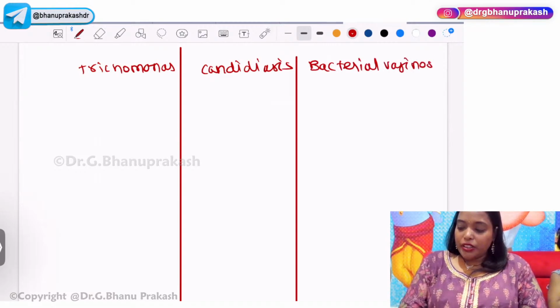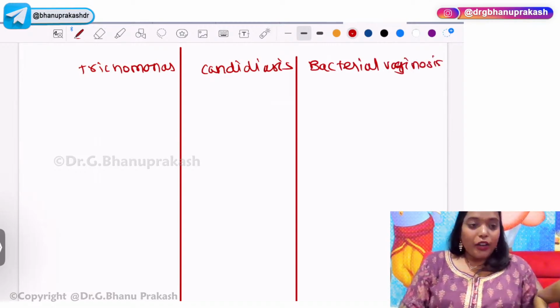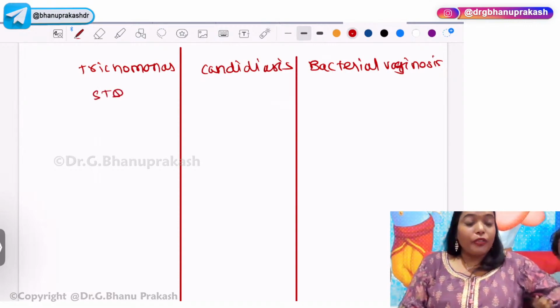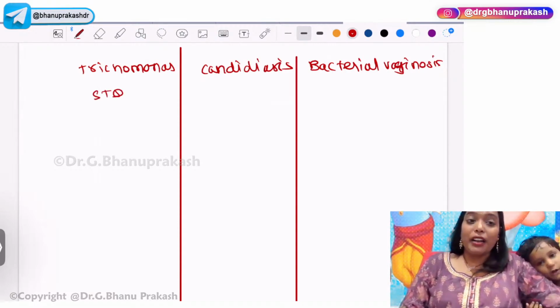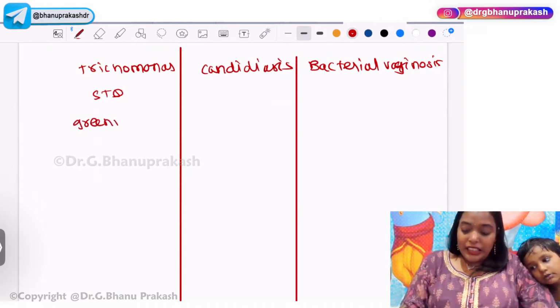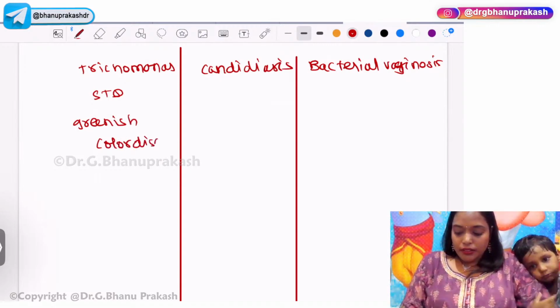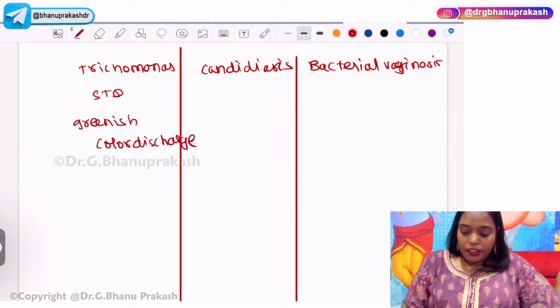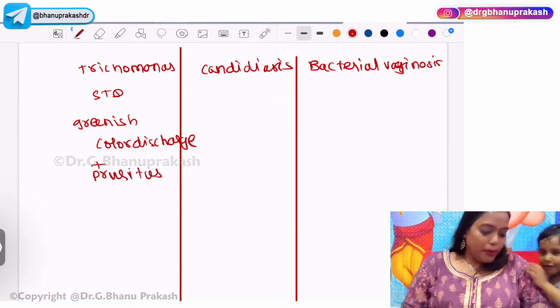What is the clinical picture in all these 3? Trichomonas is an STD. You have to treat both the partners, even if the partner is involved or not involved. Trichomonas, you will have greenish colored discharge with lot of pruritus, and there will be dysuria and dyspareunia.